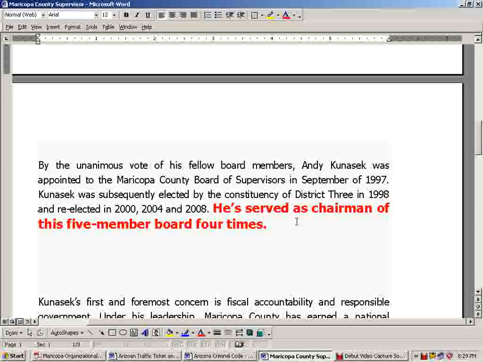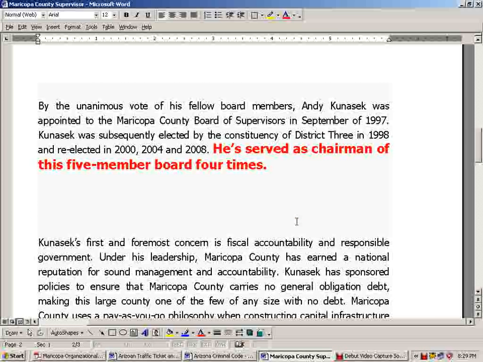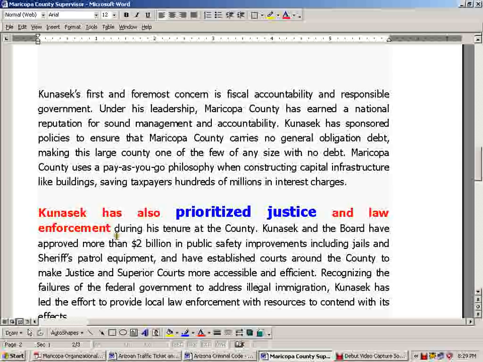He's been elected 4 times, and he's served as chairman of this 5-member board 4 times. But I bet if we were to go look at the other people's, we'll see that they have also served as the chairman. Kunasik has also prioritized justice and law enforcement. Yeah, real heavy on the law enforcement, but kind of hiding the justice.